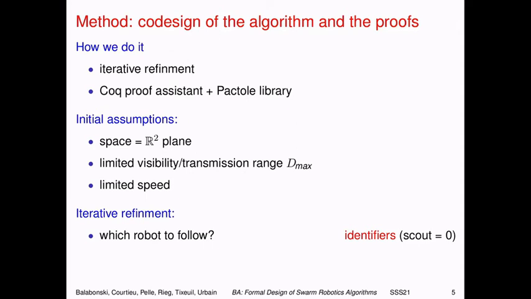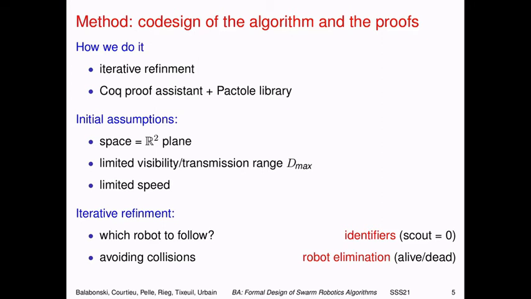To be able to solve this issue, we introduce identifiers, so robots are no longer anonymous. The lower the identifier, the closer we are to the scout, and in particular, the scout has the minimal identifier 0. In order to avoid collisions, at some point robots may need to withdraw, to eliminate themselves, to make sure that there is no collision between either relays or a relay and the scout.